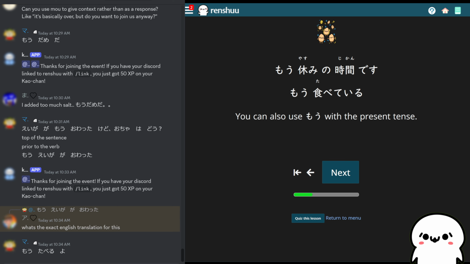Just wait. Or I'm going to go to school, or I'm going to clean, or whatever happens to be. Mo taberu yo. So you do see that sometimes, but not quite as common. And to the question above, I don't like exact English translations because there usually isn't one that fits, and this is the best one. There's not other ways to put it. But the movie is already finished.